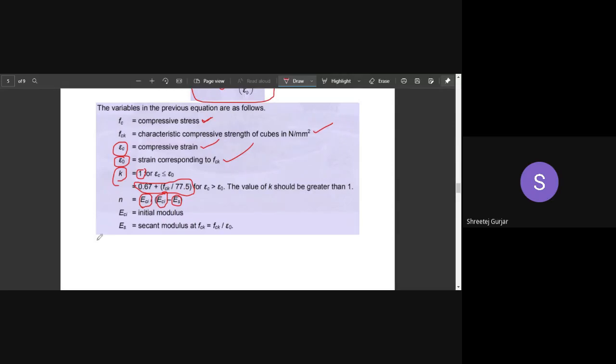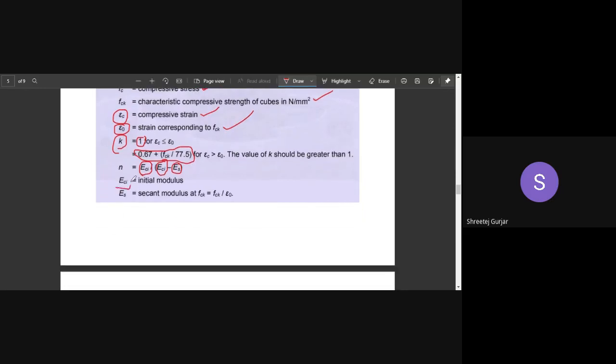Okay, so I have told you ECI is your initial modulus, and ES is your secant modulus, and I have explained how we can find out this initial modulus and your secant modulus. So these are all the terms that are there in your formula, and this formula you can use to find out the stress in your concrete at any point of your curve.